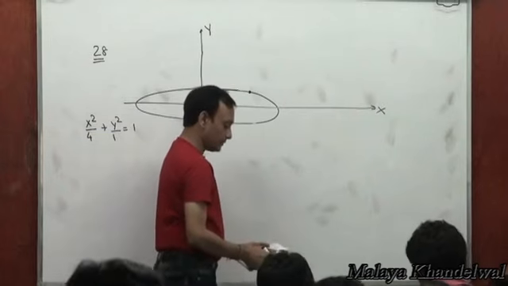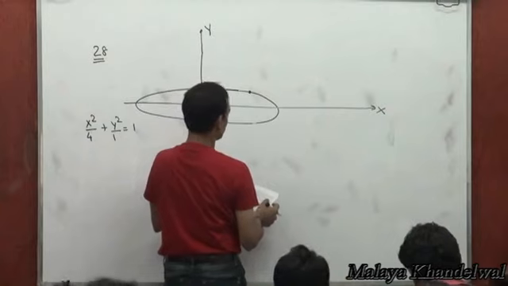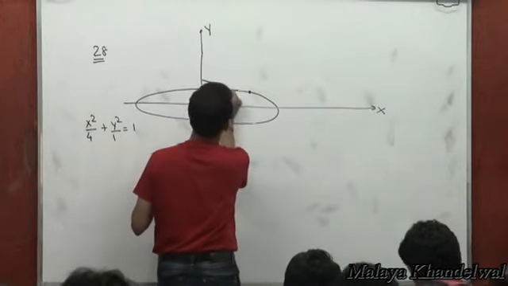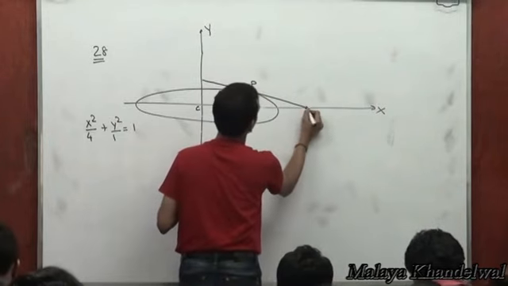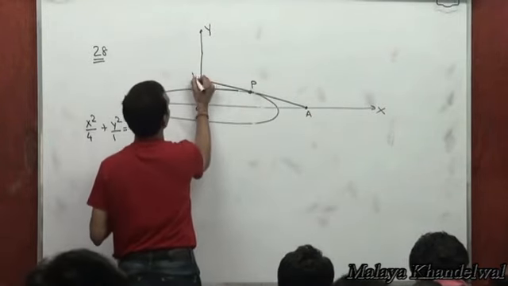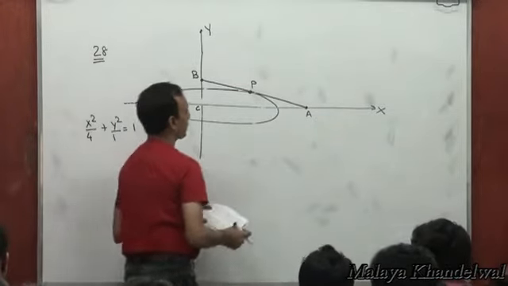At this point P, a tangent is drawn intersecting the coordinate axes at A and B.